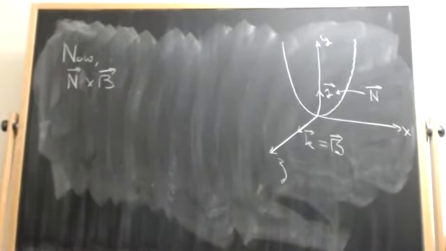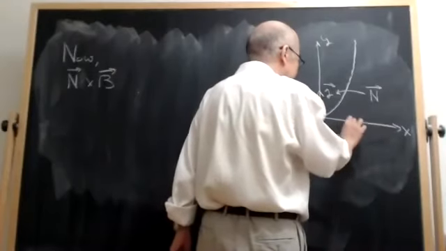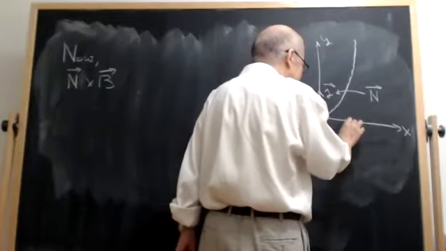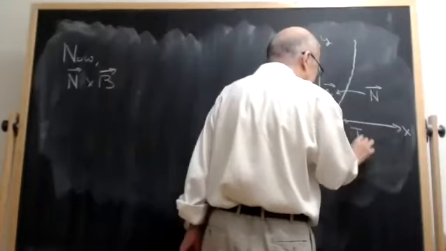So what is it? One, zero, zero, or negative one, zero, zero. It should be this one. Direction doesn't matter. The T at 0.